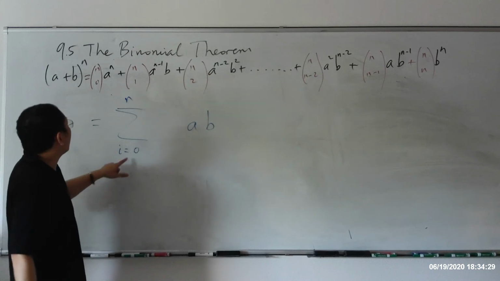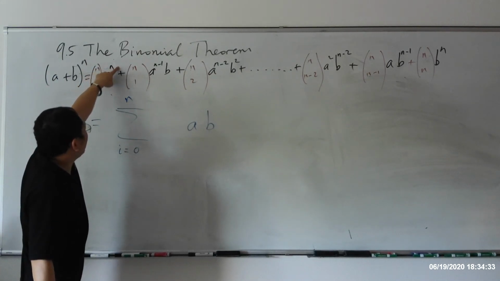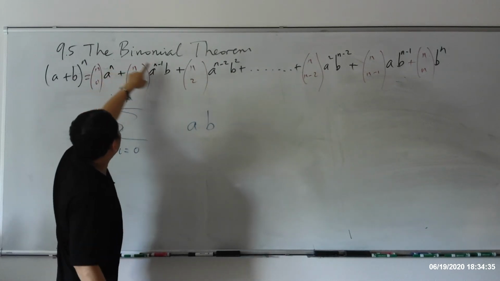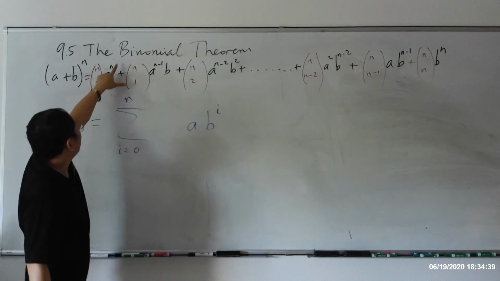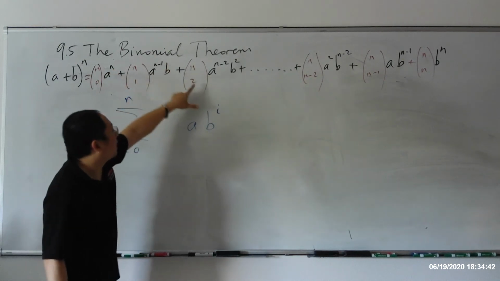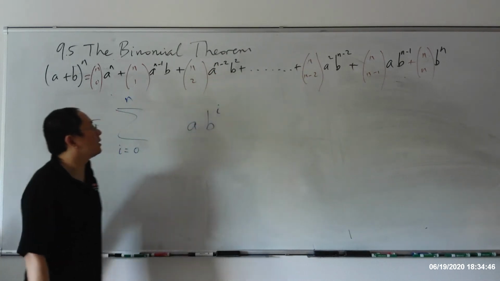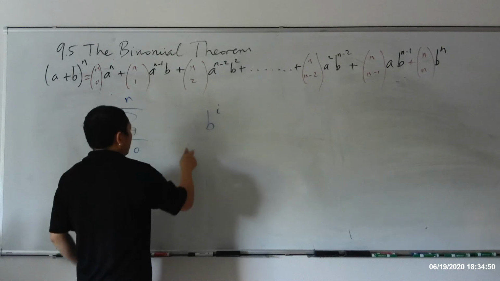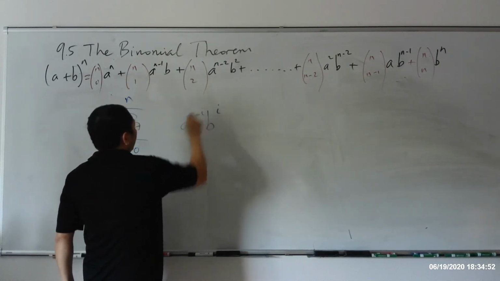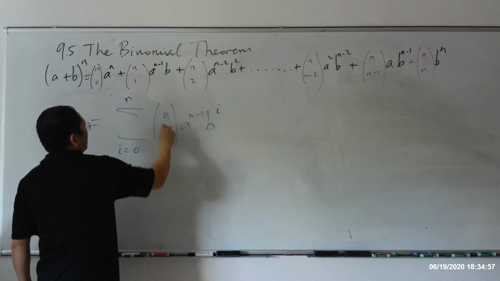And the exponent when I equal to 0, a is to the n, b to the 0, right? I here 0, then 1, 2, so really b to the I, right? You see? I equal to 0, b to the 0, I equal to 1, b to the 1, I equal 2, b squared. And look at the exponent. The sum of 2 exponents is always equal to n. So if b is I, exponent of a would be n minus I. Okay? And the combination is n choose I.